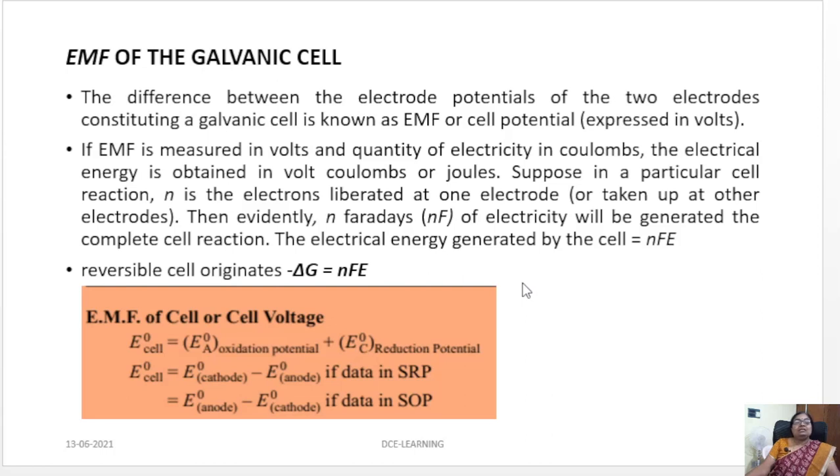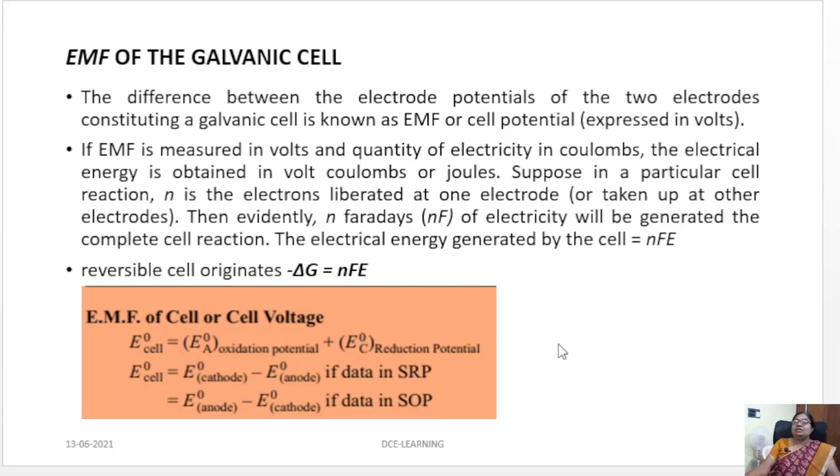In a galvanic cell, chemical energy is converted into electrical energy. The electrical energy produced by a galvanic cell is given by the product of the electromotive force and the quantity of electricity that passes. If EMF is measured in volts and quantity of electricity in coulombs, the electrical energy is obtained in joules.